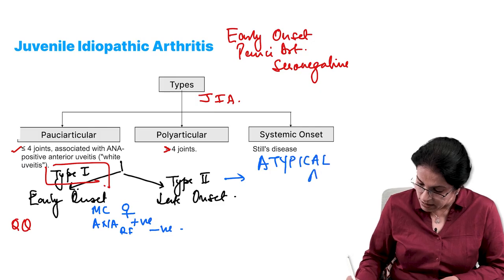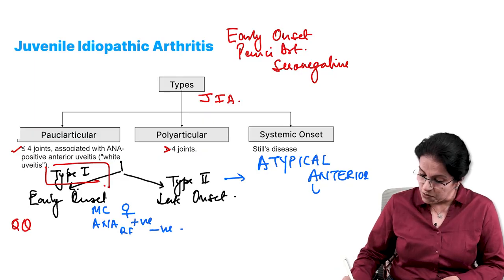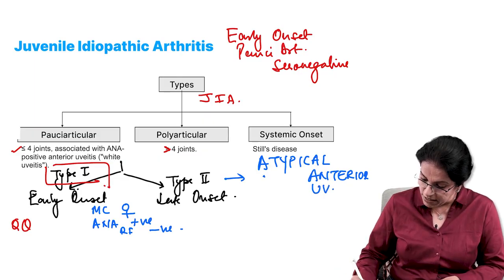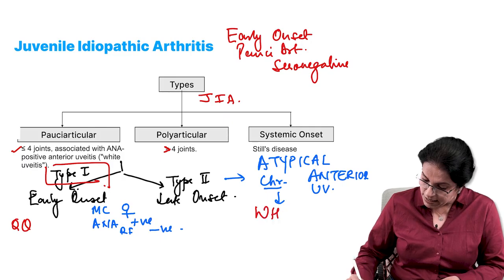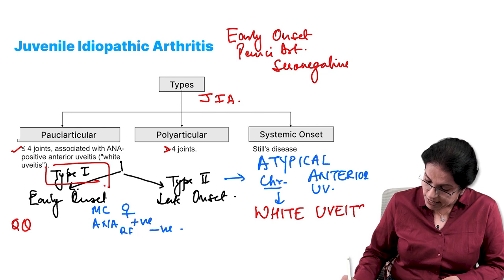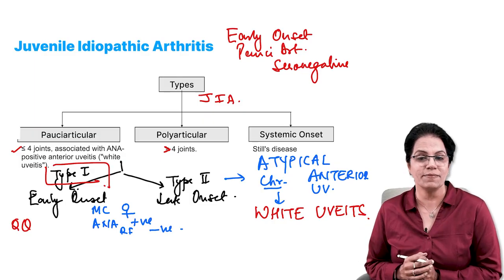When we say atypical, it means all the 5 fingers were absent. And because it is atypical, chronic, and there is no redness, we call it white uveitis. Can we remember this? The uveitis of JIA is also called white uveitis.